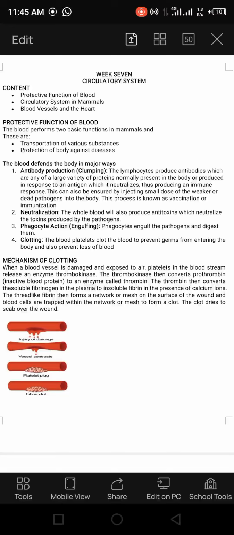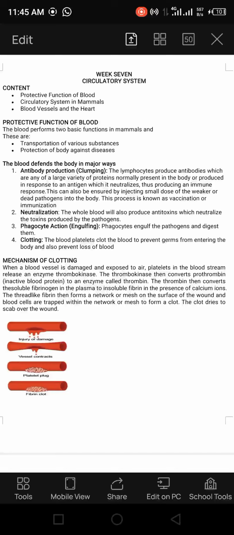Now, phagocytosis is a specialized form of endocytosis where immune cells, which are the phagocytes, like macrophages and neutrophils, engulf and digest large particles.